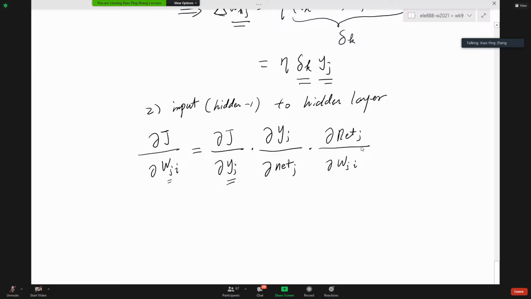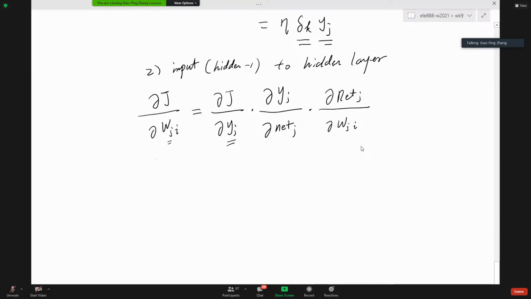Let's compute the first term first. Partial J, partial yj. We just plug in the half, tk minus zk squared, this whole function.